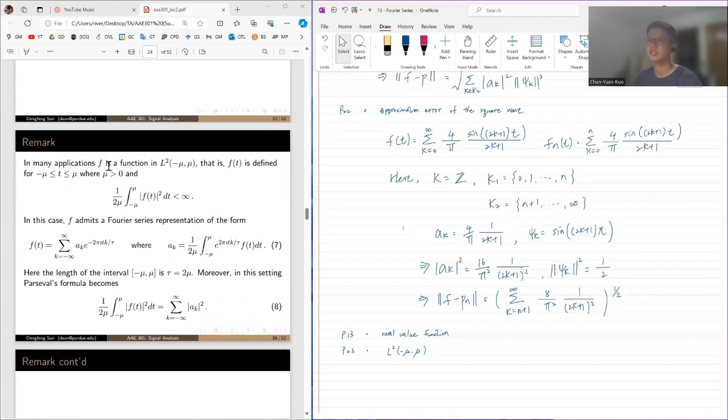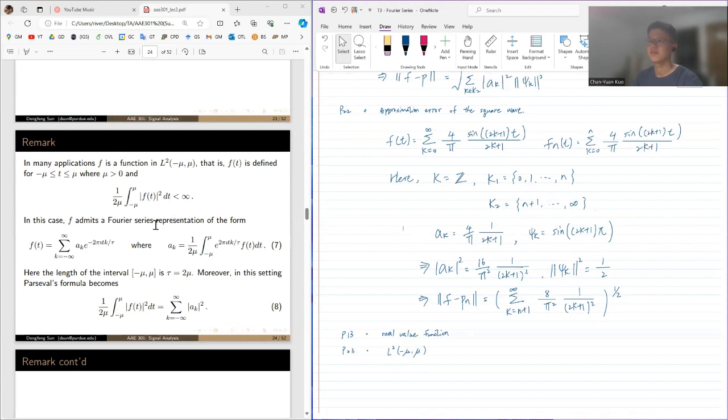Also, in some other applications, f may be a function in the Lebesgue space L squared from negative mu to mu. So basically, that means that f of t is defined on the interval from negative mu to mu. And here mu will be a positive real number. And the Lebesgue space will contain all functions that satisfy this inequality shown here.